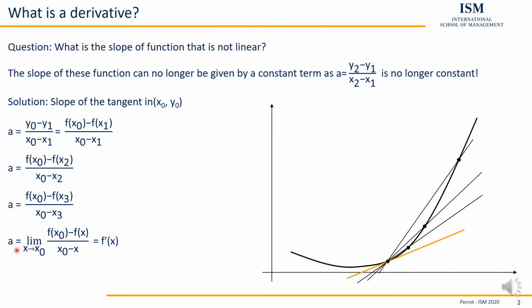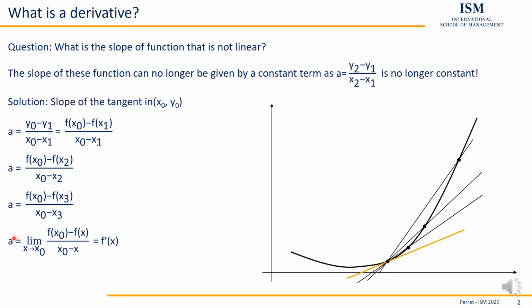Mathematically speaking, what we're doing is taking the limit of x towards x0 and calculating the slope for this x, which is basically infinitesimally close to x0. And this is the slope of this tangent here.